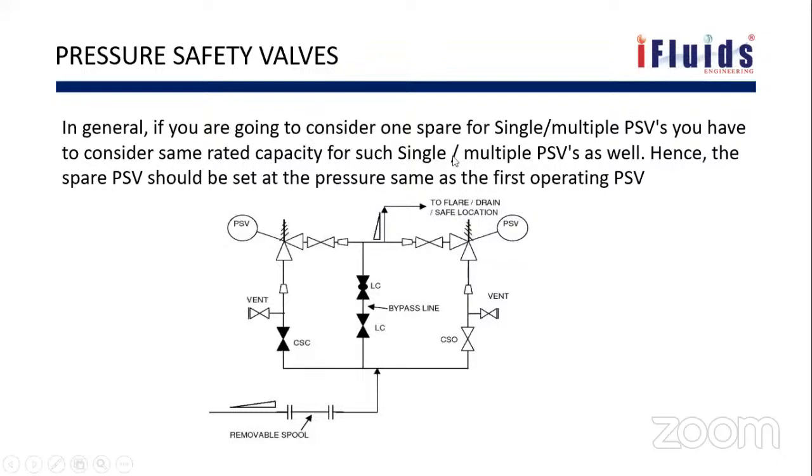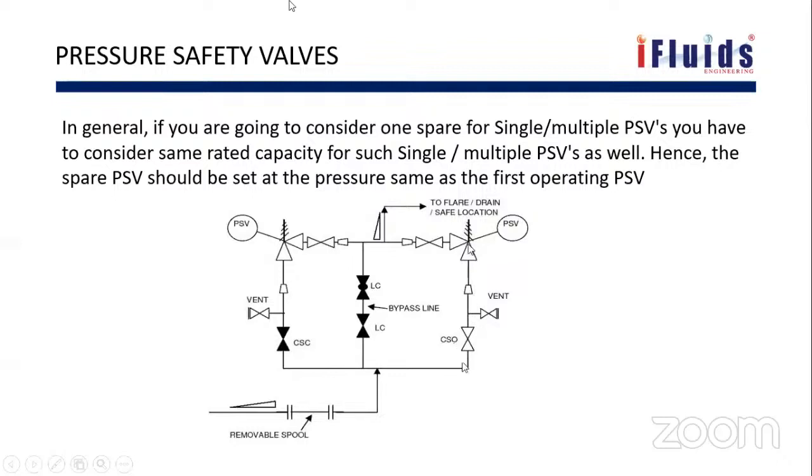At times we'll be giving more than one PSV. They might be of the same capacity or of different capacities. Normally one spare PSV is also given in practice, so there will be two PSVs. In the case of two PSVs, you can see here CSO, car seal open.